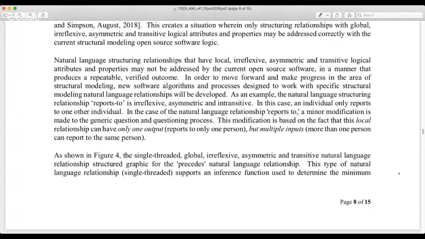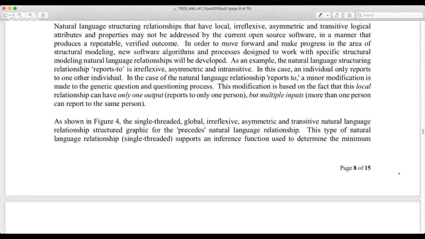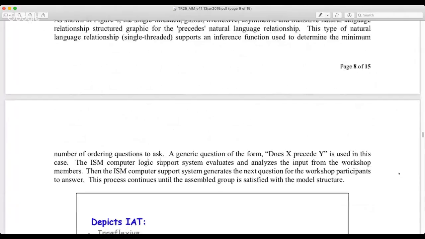And further, there are certain characteristics about the graphics and about the natural language relationships that might help us find a different way to optimize the selection of the structure, but with a different generic question form.